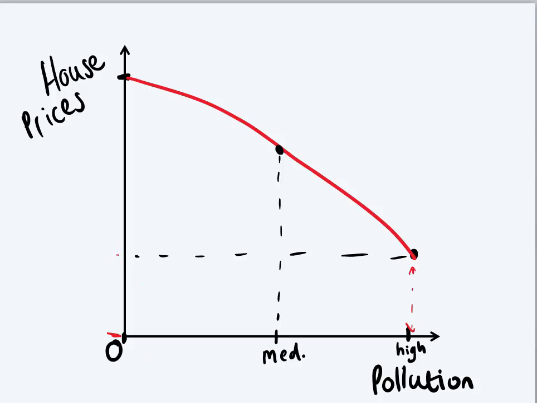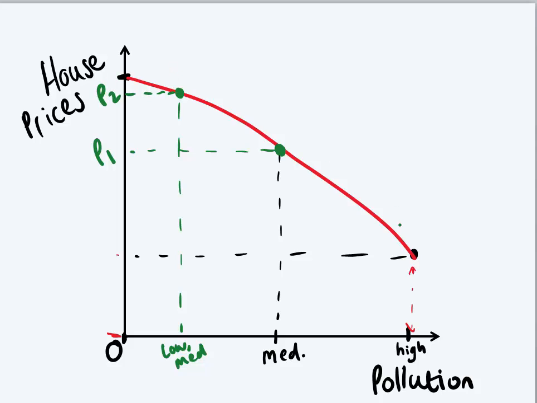Now, let's say we buy a house in a neighborhood with medium pollution. The price of this house was B1. Then maybe I got more money and could afford a house in a cleaner environment. I bought a house in, let's call this, low-medium pollution. Then the house price is B2.